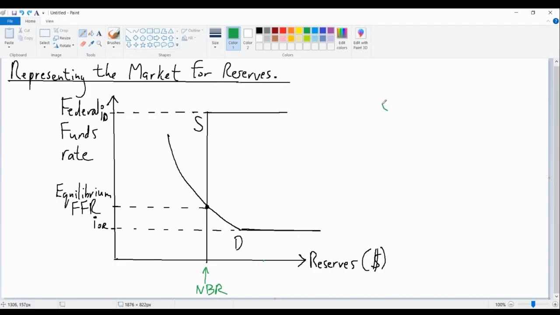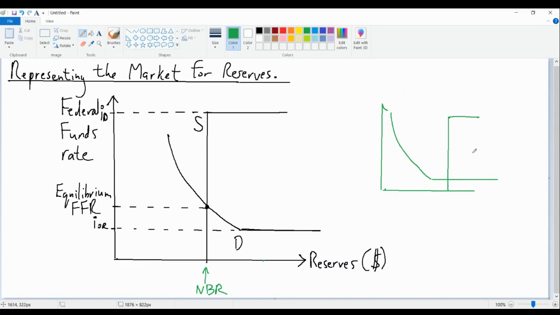Let me do that again with a ruler. Here's the demand, and then here is the floor, and here is supply. If we were at a point like that, we could still lower interest rates, but we would have to lower them by lowering the floor.